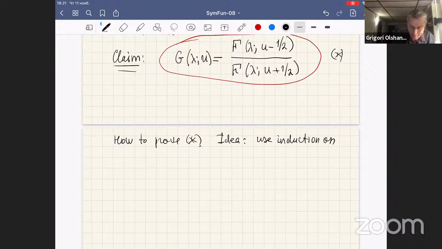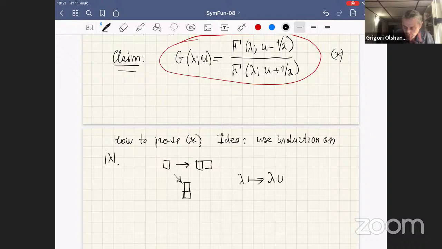More precisely, just consider the Young graph and look at what happens after some change. If you append a box, what happens? Look at what happens on the left and what happens on the right.